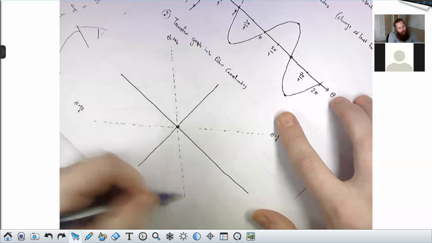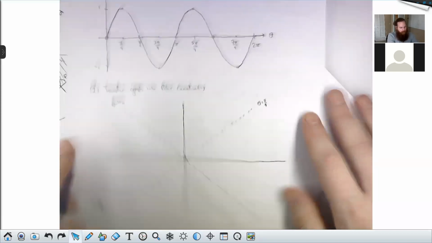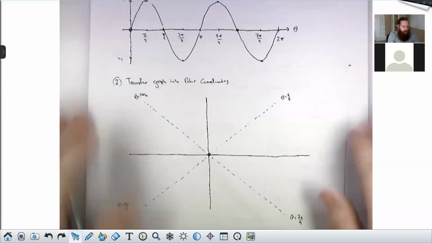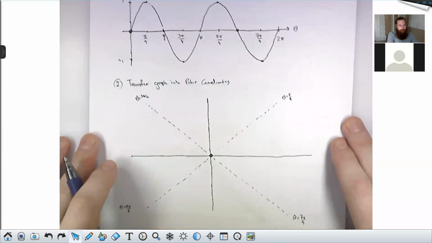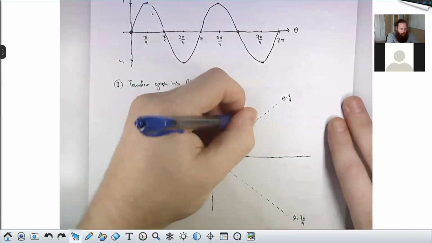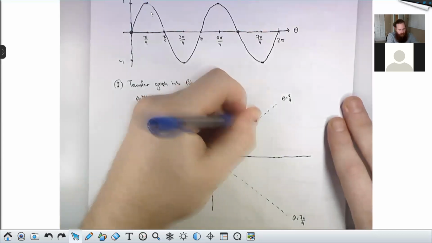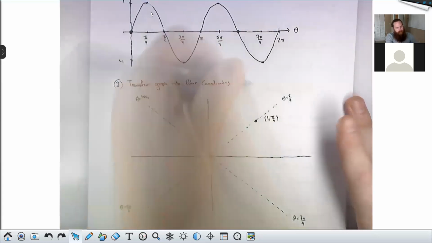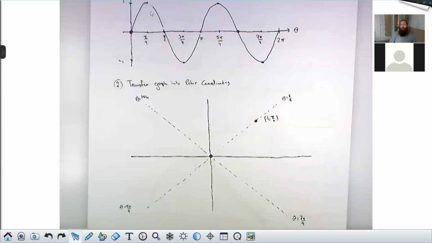You may want to print up some of that polar graphing paper that I showed you last time. As you get comfy graphing these, that can be very helpful. So what happens in this first little region here? Well, as theta increases from 0 to pi over 4, r goes from 0 out to 1. So let me first plot the polar point 1 comma pi over 4. I know that's on my graph because when theta is pi over 4, r is 1.